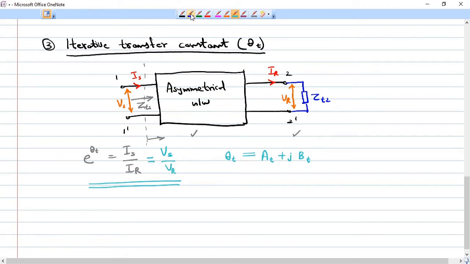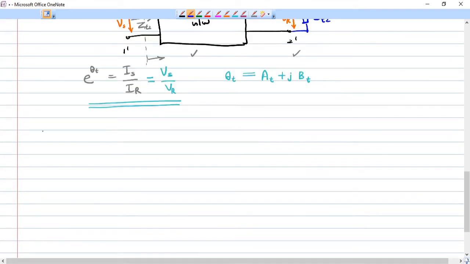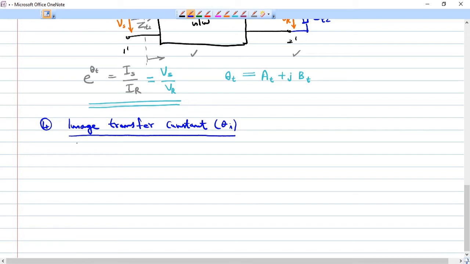Now the fourth parameter that we have defined is the image transfer constant, that is theta I. So what is theta I? We have to consider an asymmetrical network.